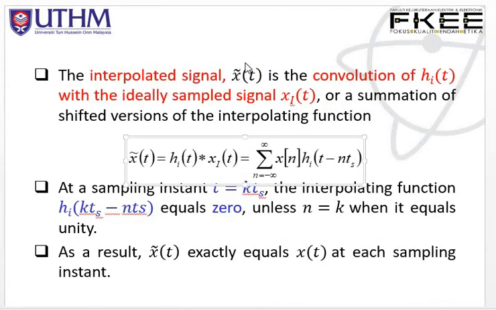The interpolated signal, or in short form x bar(t), is the convolution of h(t) with the ideally sampled signal. So it is h convolved with the ideally sampled signal, equal to a summation of x[n] times the shifted impulse response.